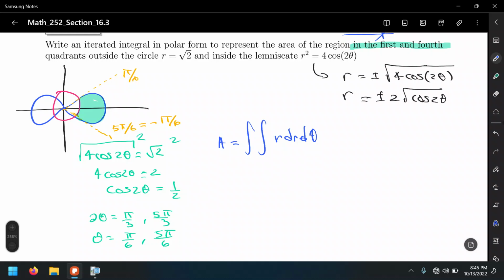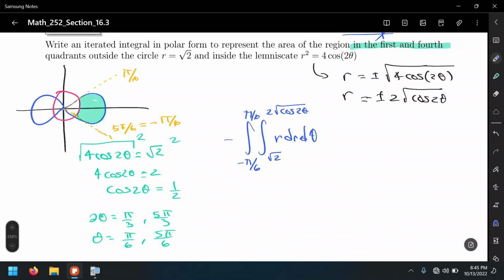Again, that invisible 1 implies that we're finding area, but now the radius varies: the outermost point is 2 square root of cosine 2 theta, and the innermost point is on the circle of radius square root of 2, while the angle, on the one hand, we can say from negative pi over 6 to pi over 6.